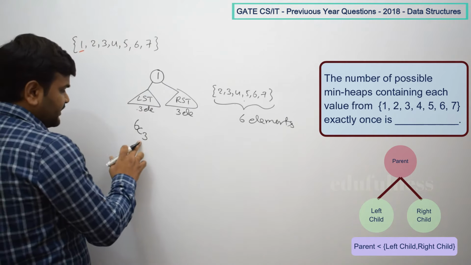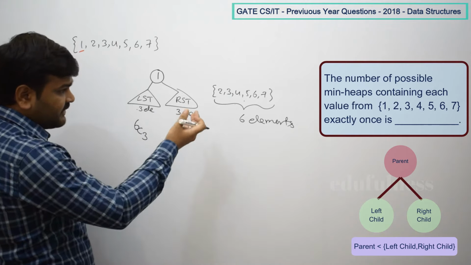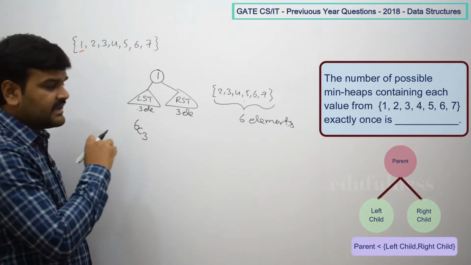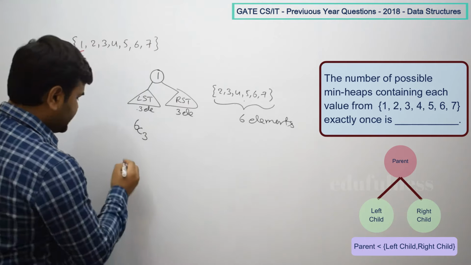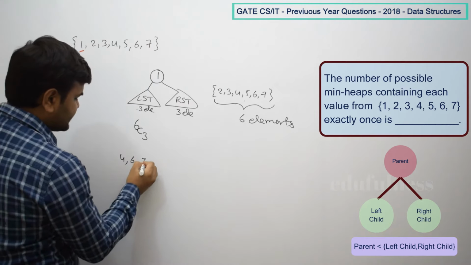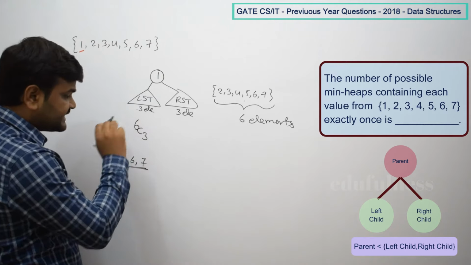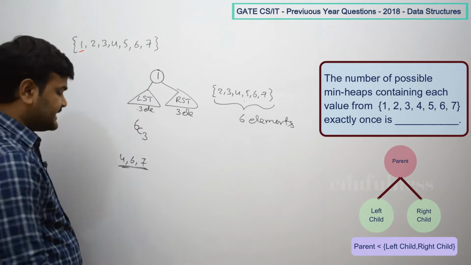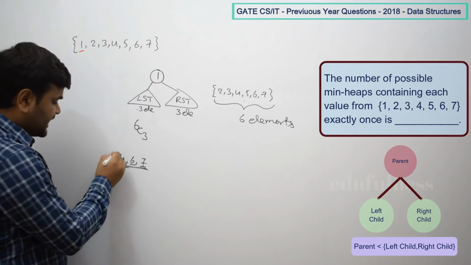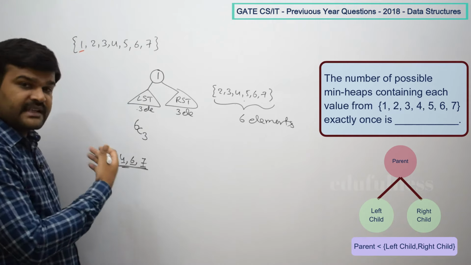That means you randomly select 3 elements from these 6 elements. For example, assume I randomly take 4, 6, 7. This is one of the combinations in 6C3, and this is applicable for every combination.